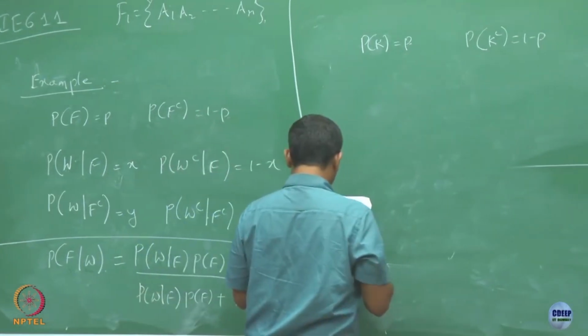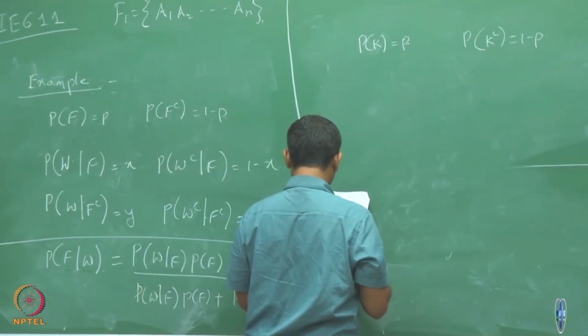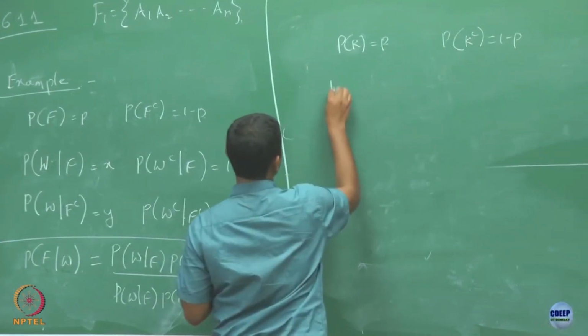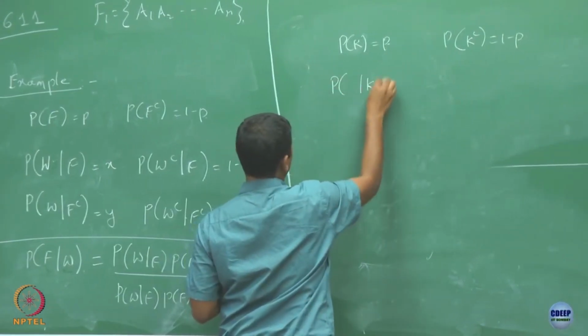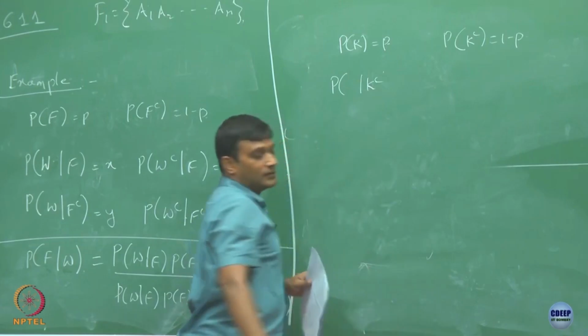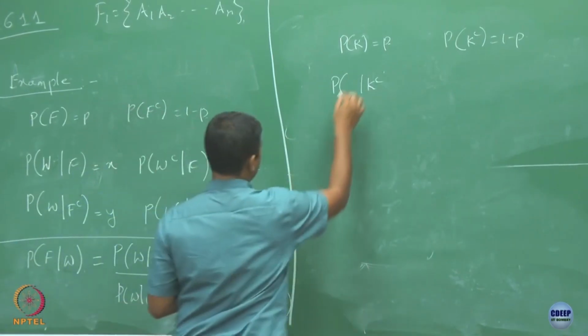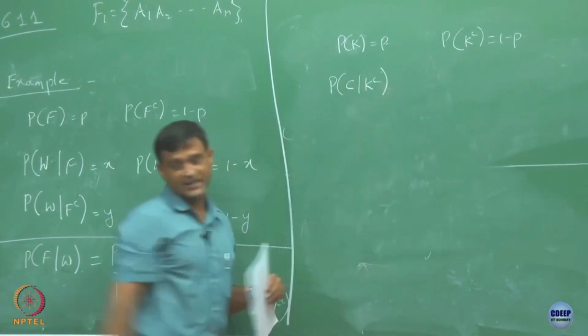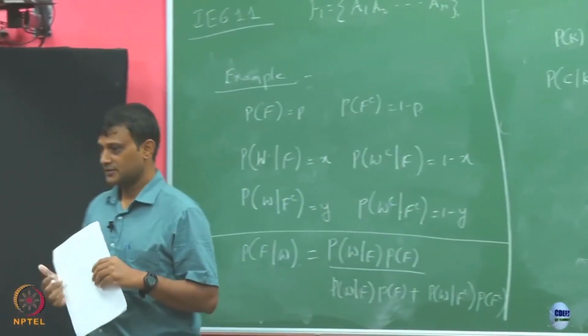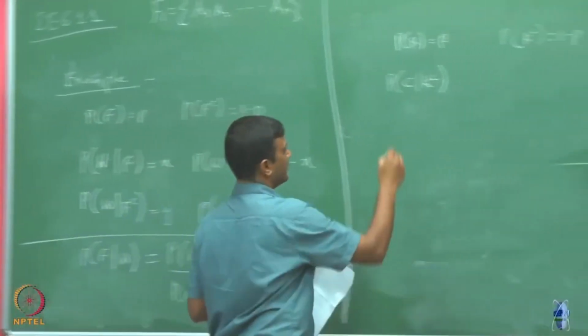Let us say if you do not know the answer, what is the probability that you end up guessing it correct? Let us say that probability is 1 by m.